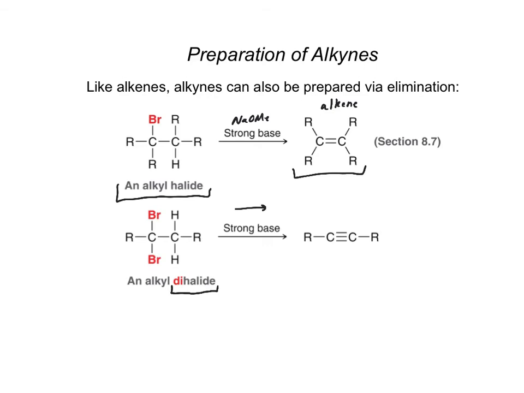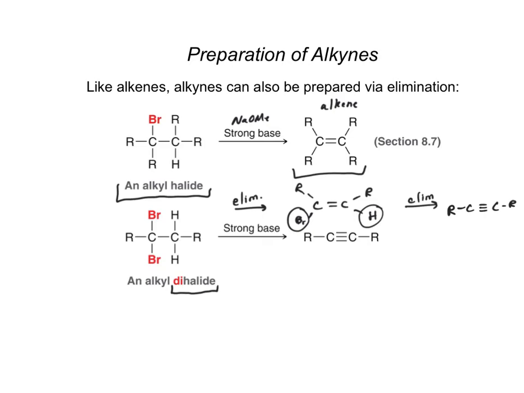For this guy, we would be left with a carbon-carbon double bond with R and a bromine, and then R and a hydrogen. This is one elimination. In a subsequent elimination, we've got another leaving group, we've got another proton. We would end up with our final alkyne product.